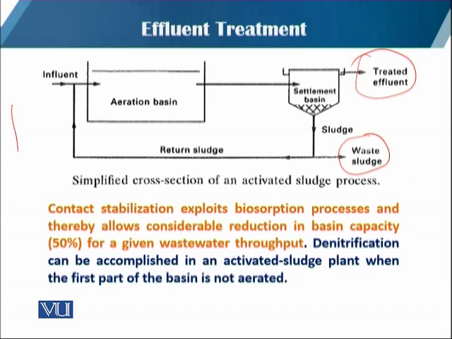Contact stabilization exploits the biosorption process and thereby allows a considerable reduction in basin capacity, up to 50% for a given water throughput. Denitrification can be accomplished in an activated sludge plant when the first part of the basin is not aerated.